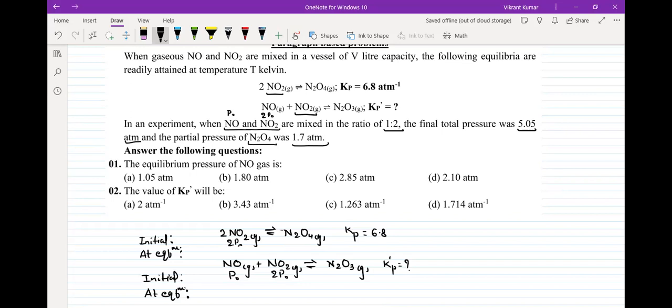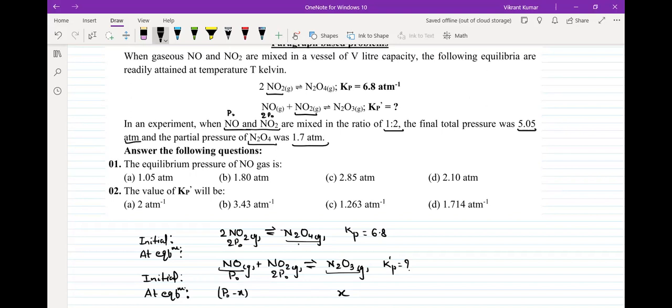So now what to do, as I told you, we'll start working with those components which are not common. So the not common substances are three: N2O4, N2O3 and NO, right? So let's assume that the consumption of NO is X. Okay, so we are writing P naught minus X is NO. If this is the fixed thing that NO is P naught minus X, definitely this will be X. N2O3 will be X. Now, what about N2O4?